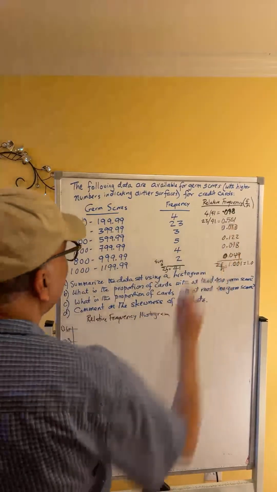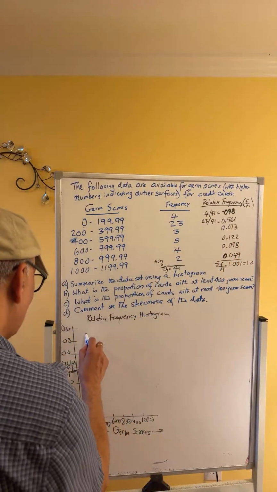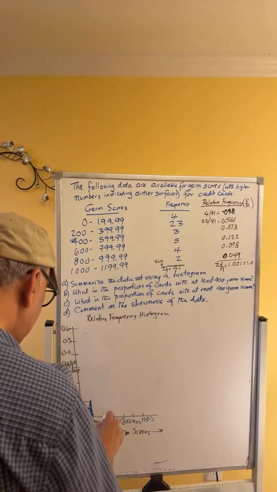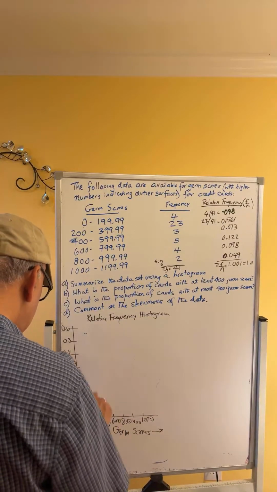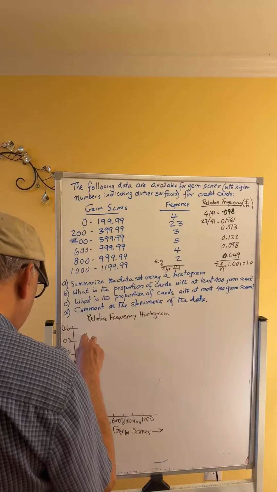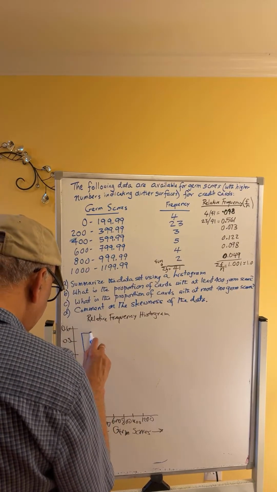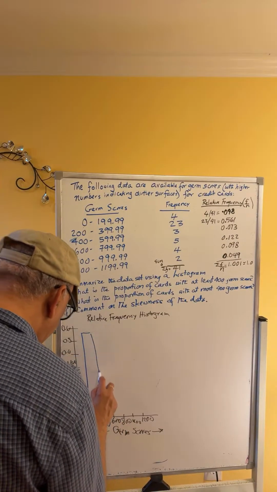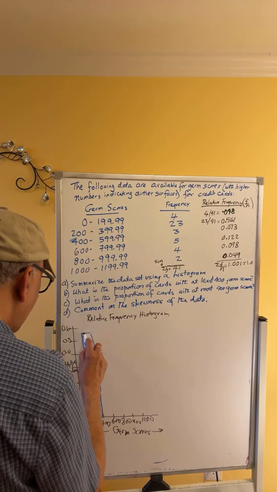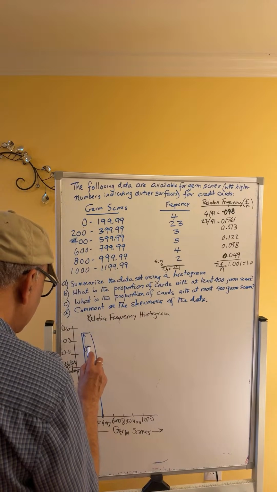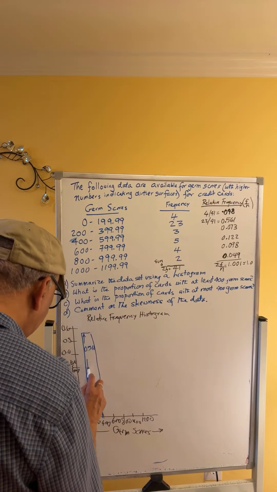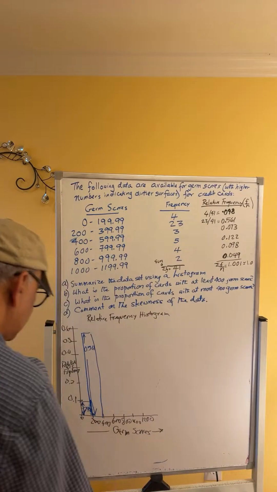The next one has height 0.561, which is the relative frequency in group 2 or class 2.